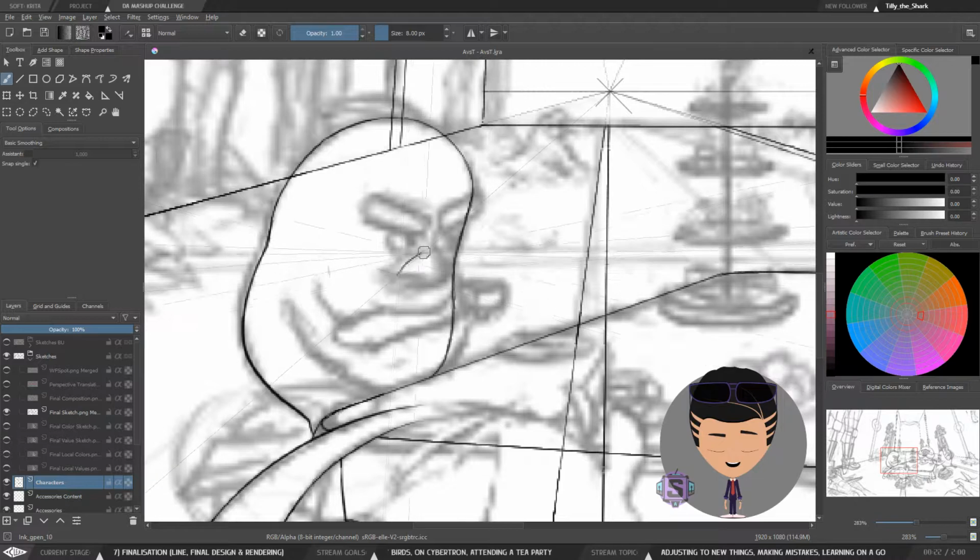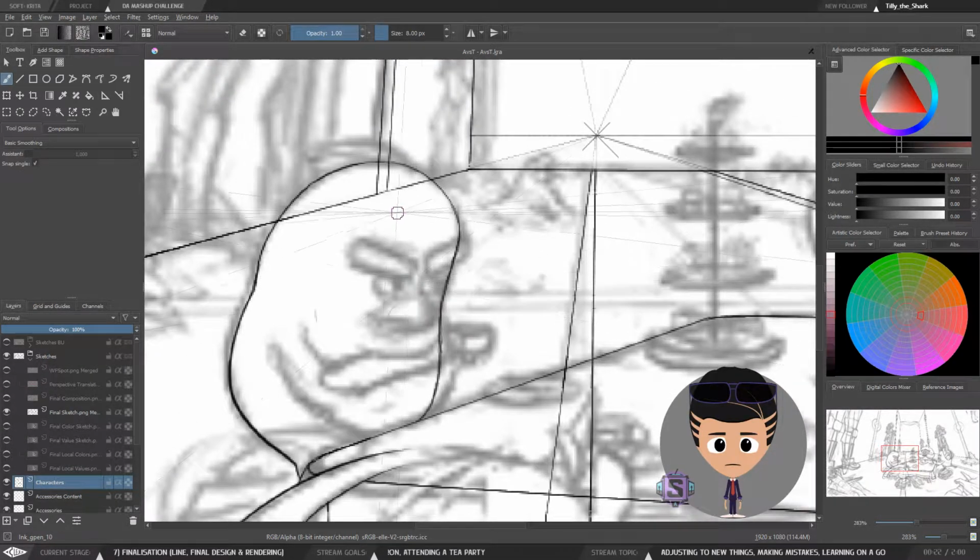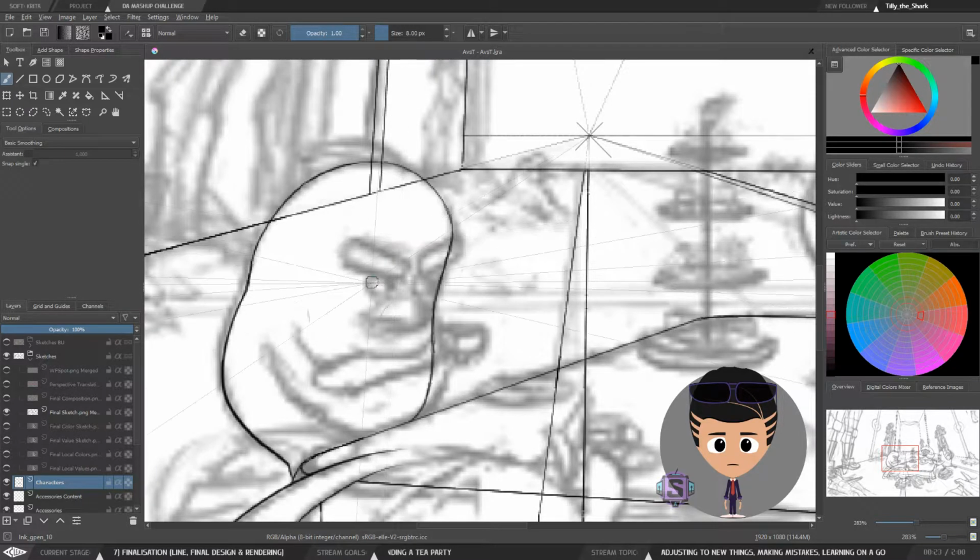Okay, let's start with things that I definitely know how to look, and then we will work on things that I'm struggling with. Okay, first the eyes. Eyes definitely need to be slightly bigger because I make them kind of small.